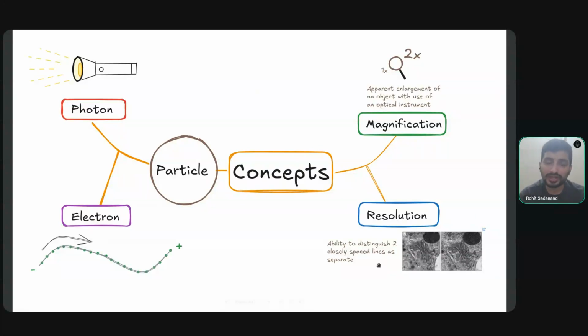So when you're deciding which microscope or which instrument you have to use to conduct the experiment that you're interested in, you'll have to take into account its magnification and resolution powers before you can make the right judgment in choosing one of these. And now there is a concept of the particle.